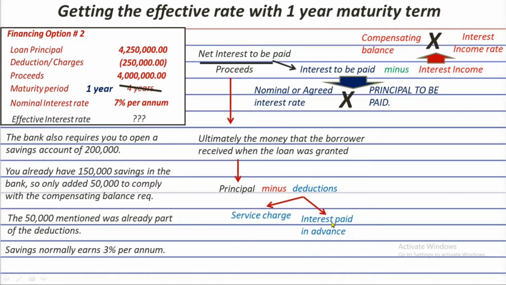It can also be the amount of interest paid in advance. And it can also be the compensating balance required for the loan to be approved, or anything that will reduce the amount of proceeds that you are going to receive if you are the debtor. So that's it for the breakdown of the denominator. Now, it's time to apply what we've learned by solving this sample problem.